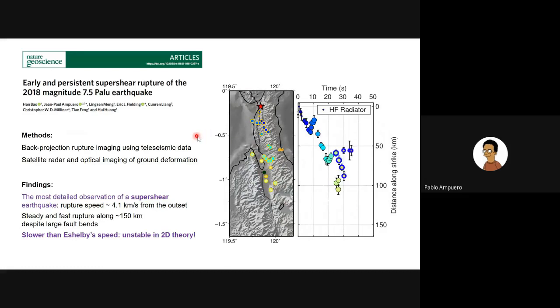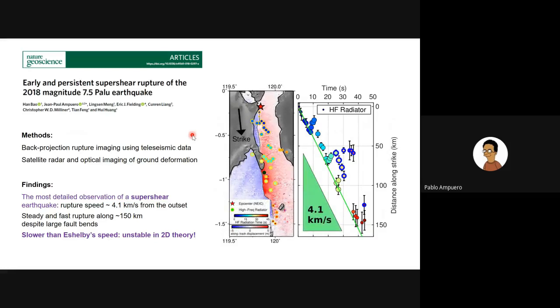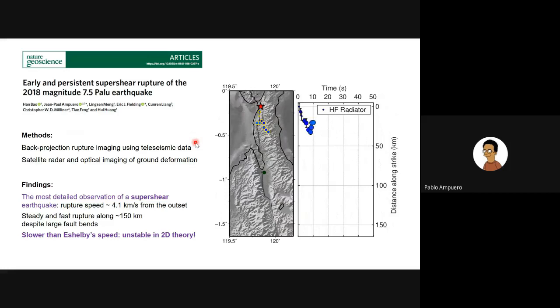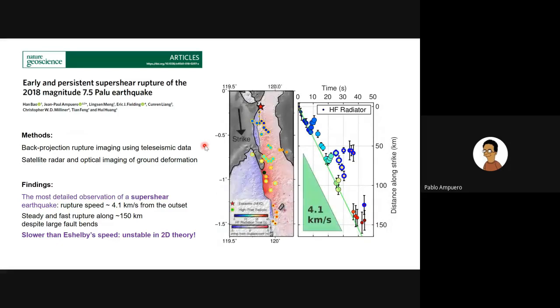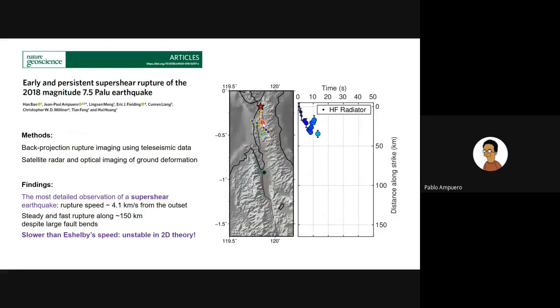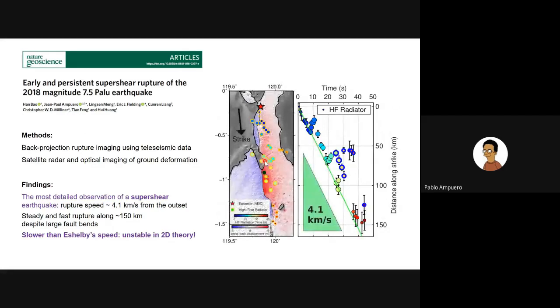From our analysis of this earthquake, we do a kind of analysis called back projection, where we use seismic networks that are far away from Indonesia as antennas, and we track how the rupture propagates with those antennas. The colored dots or circles in this movie show you the progression of the spots where the high frequency radiation was generated from the fault.